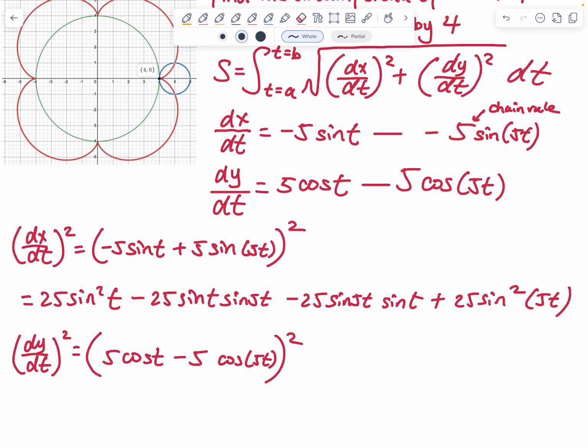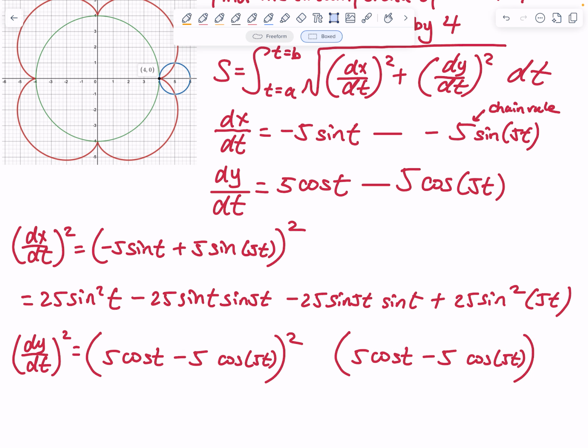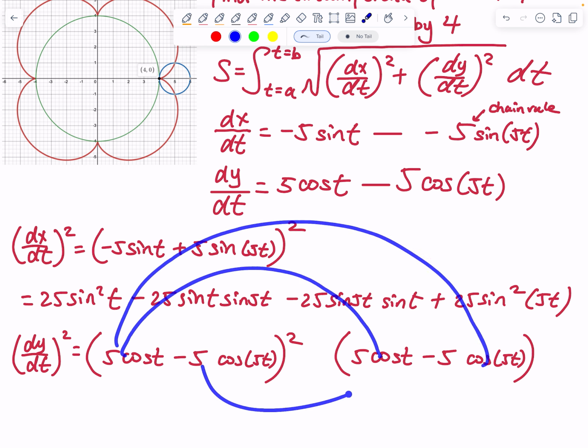We will do this square, and for my convenience, I will duplicate this one more time and put it right here so I can easily keep track of this. So you multiply, multiply, multiply, and then multiply. Am I right?